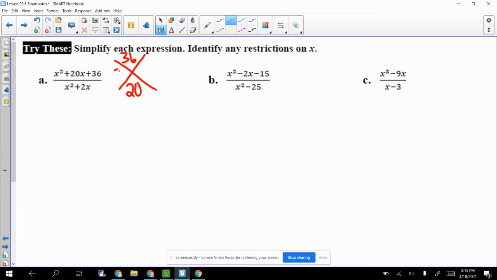You should be getting 2 and 18 because 2 times 18 is 36, 2 plus 18 is 20. So now we're going to write those as x plus 2 and x plus 18.